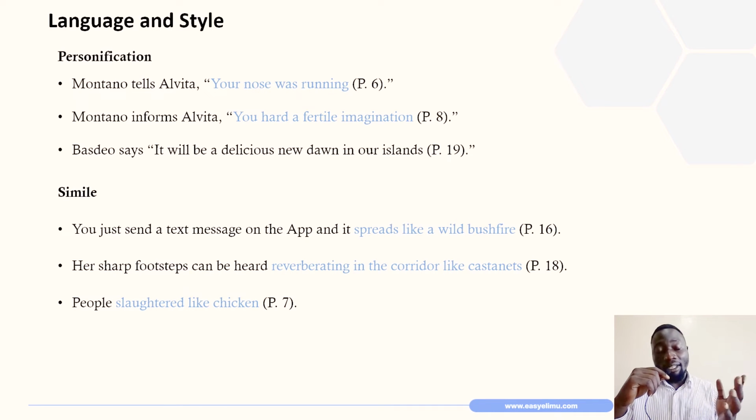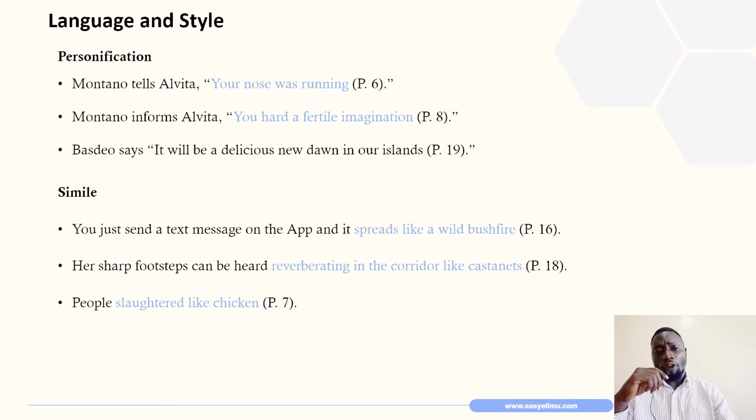Remember, these are giving ideas or objects the characteristics or qualities of humans. Under personification, we are told that Montano tells Alvita that her nose was running. Looking at it literally, the nose does not have legs, and we all know there is no way it can run.